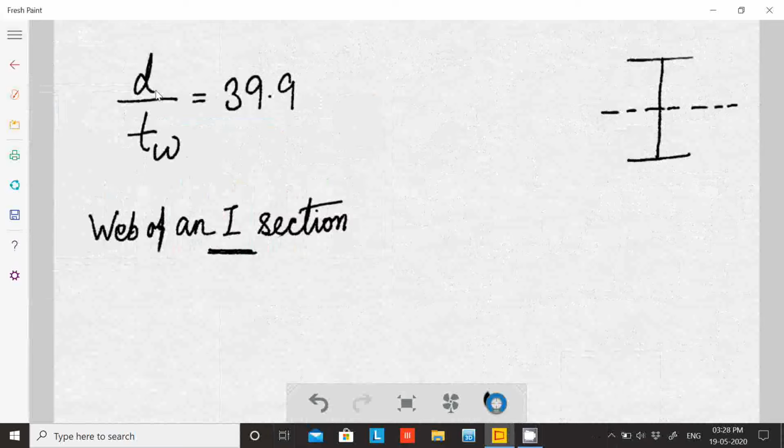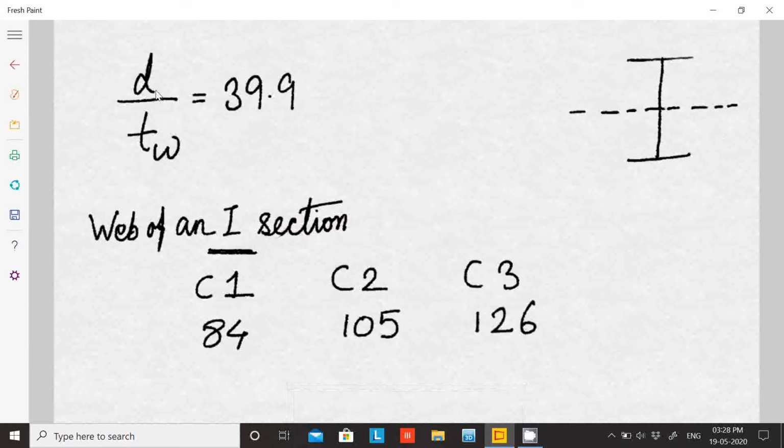Since the neutral axis is at mid depth, we will now be considering three values for d by tw, for class 1, class 2, class 3. The three values are 84, with epsilon directly taken as 1, then 105, and 126. If your value is less than or equal to 84, it is class 1.